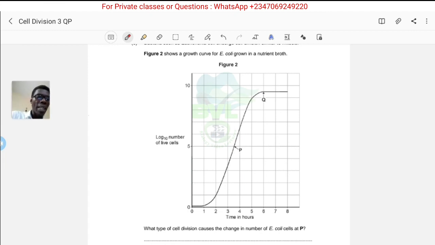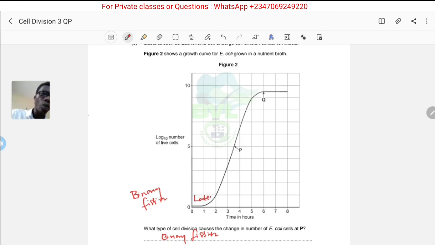Now really, bacteria are divided by binary fission. Binary fission, which is a type of asexual reproduction. So the answer here should be binary fission.